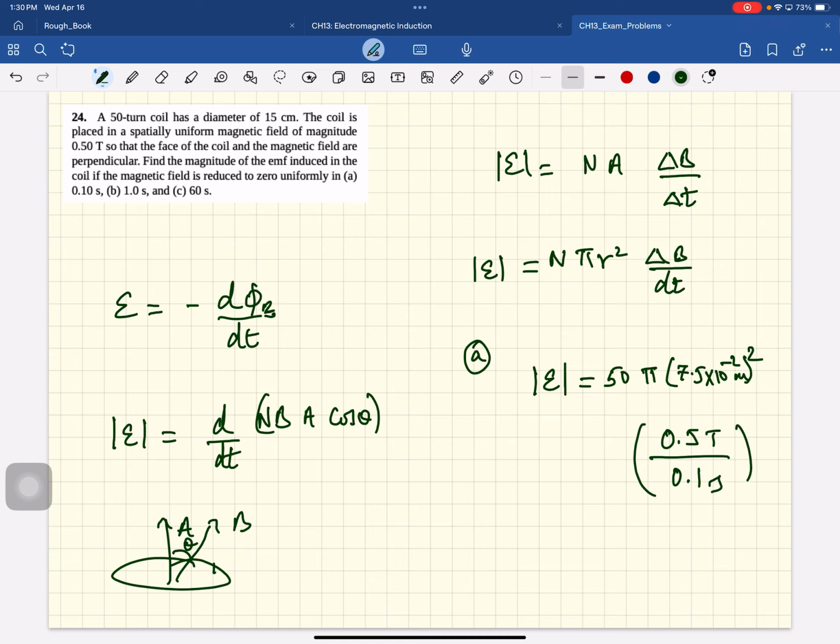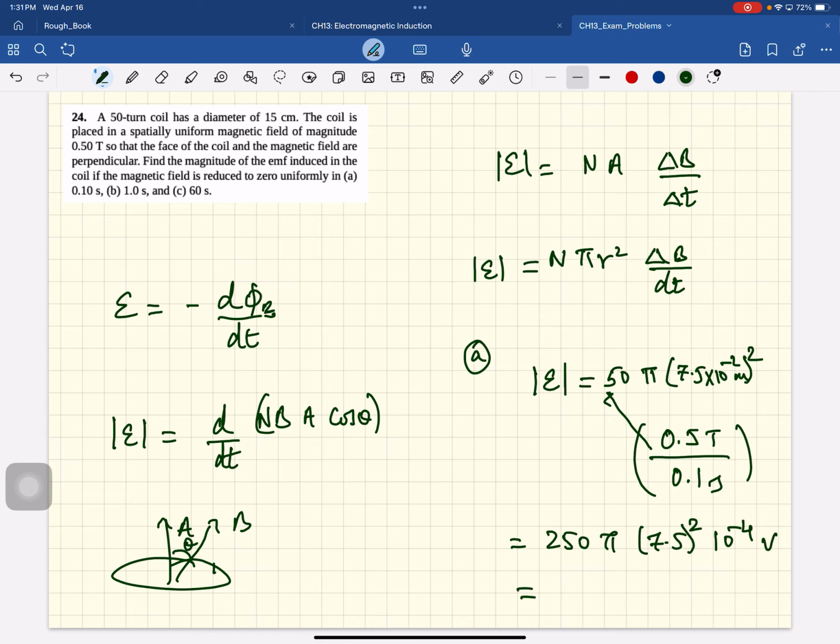And this kind of stuff is relevant. When you turn on or turn off MRI machines, for instance, you're going from a strong field to a 0 field, and you don't want to quench the field too fast. That's 10 to the power 4, that is 5, and that's 250, so this becomes 250 pi times 7.5 squared times 10 to the minus 4 volts.